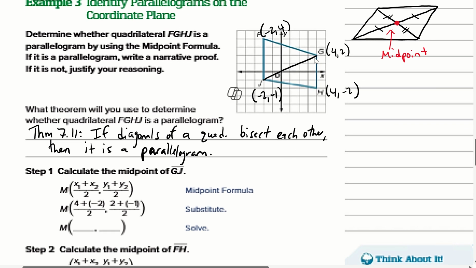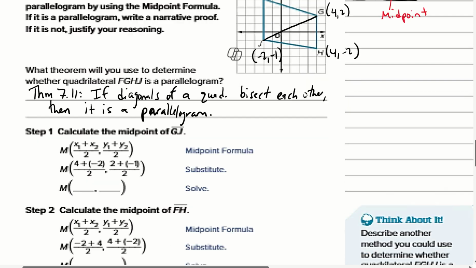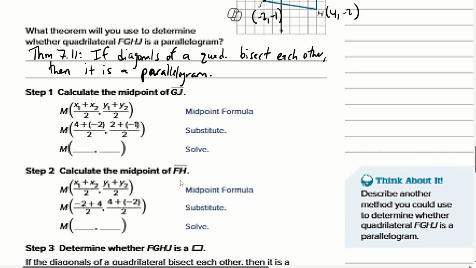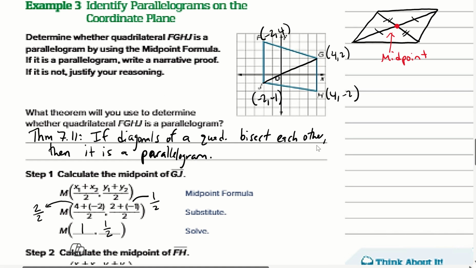So we got x1 plus x2 divided by 2, y1 plus y2 divided by 2. So add those x coordinates and add those y coordinates. So your x1, x2, y1, y2. So 4 plus -2 is 2, right? And then 2 divided by 2 is just 1. 2 plus -1 is 1, so it's just 1/2, right? So it's 1, 1/2.